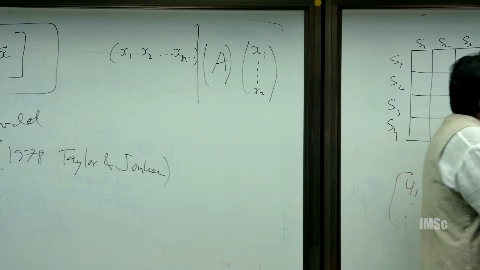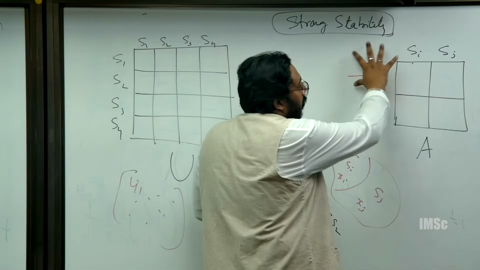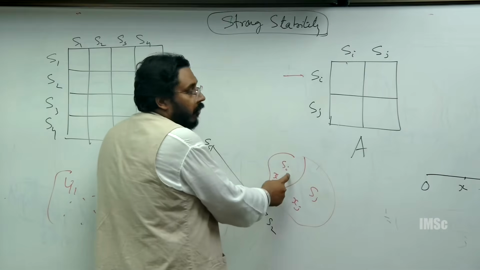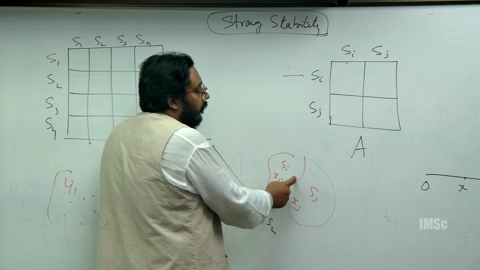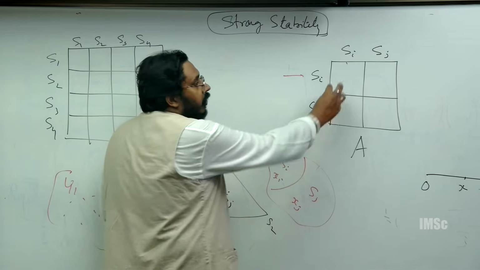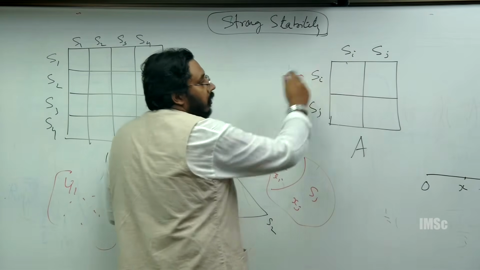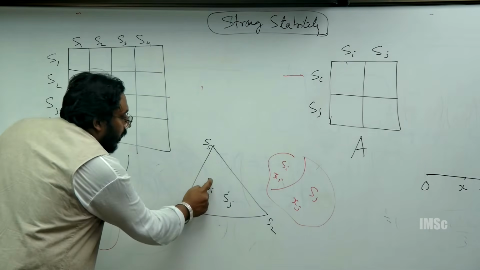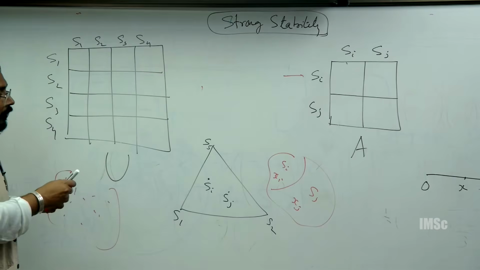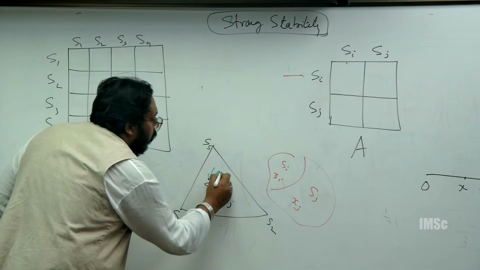That means now I am asking, when a guy which I picked from here interacts with one of the opponents inside, how much is that guy going to get? So what should I put in here? Because I already know what P corresponds to this Si.